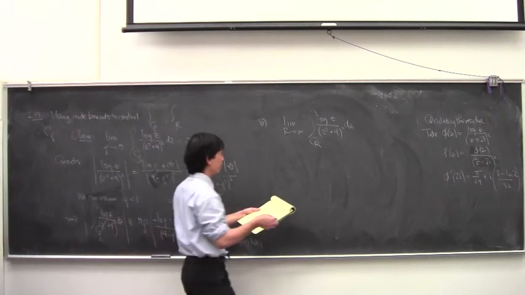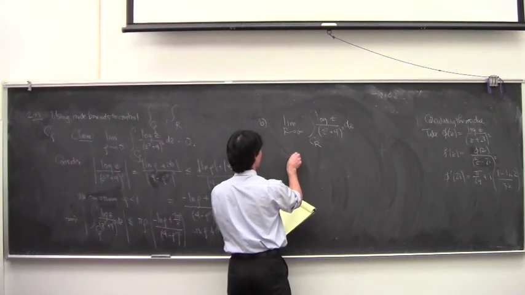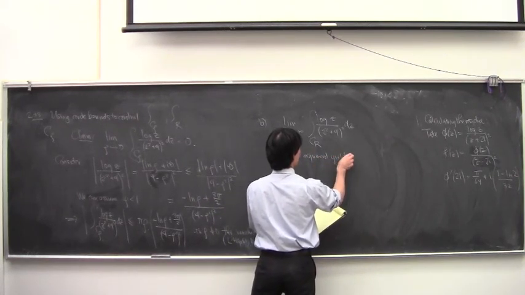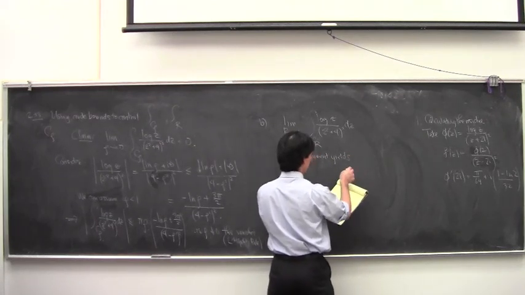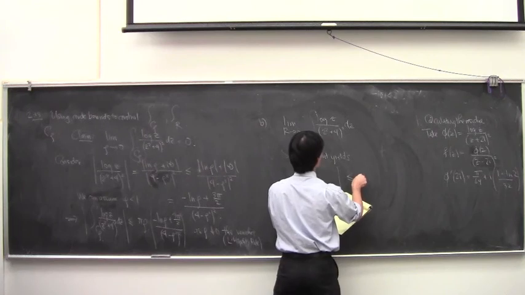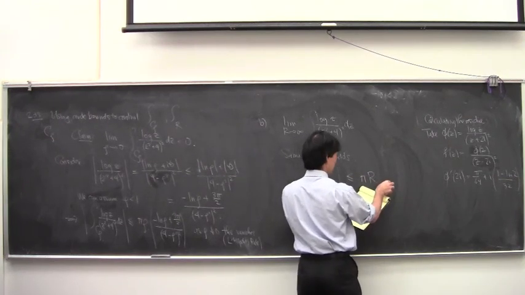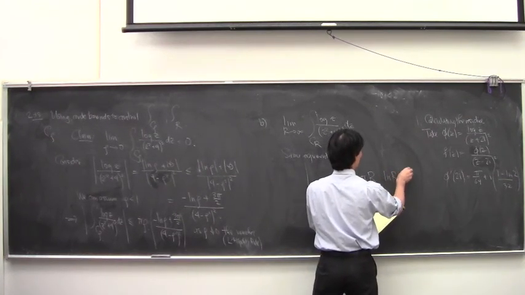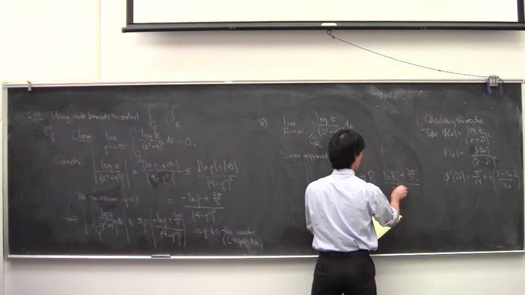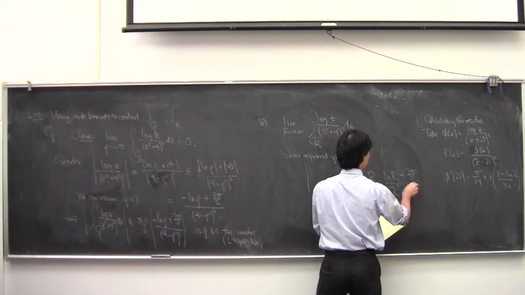Basically the same argument yields that the absolute value of the integral is bounded by pi r times the natural log of r plus some constant over r squared minus 4 quantity squared.